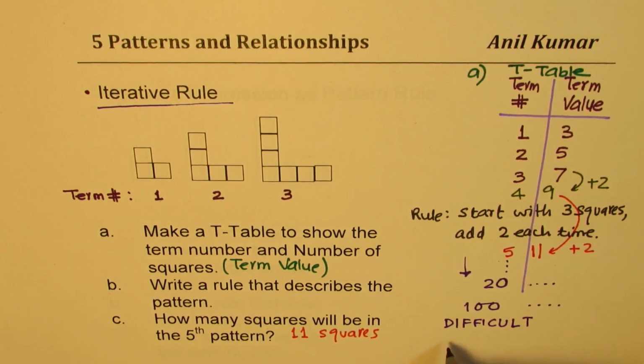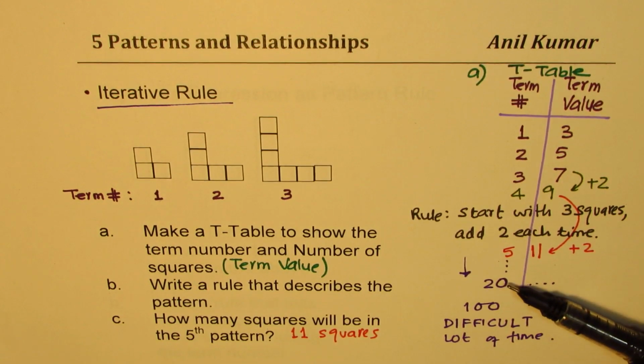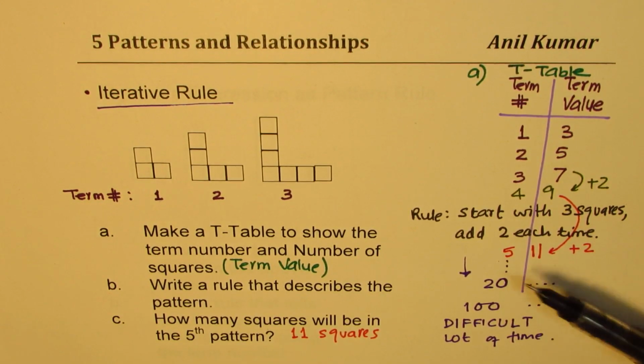It takes a lot of time. You can do it, but it takes a lot of time. So what can we do? We take help of algebra, and that is what we are going to learn in this video. So let's move on and see how we can help ourselves to find a quick solution to such problems.